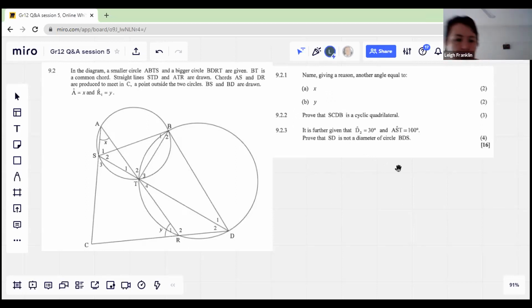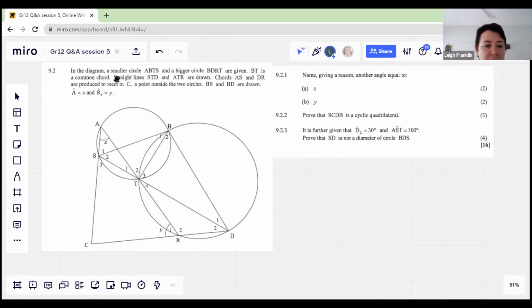Okay, so let's go back and have a look and see what else could possibly be equal to X. Anyone got any ideas here? Instead of me telling you, can anyone tell me? There we go. All right, so I don't know if you've seen this, the rest of you in the chat. Pearl's put the answer. She said angle B1, and she says angles in the same segment.